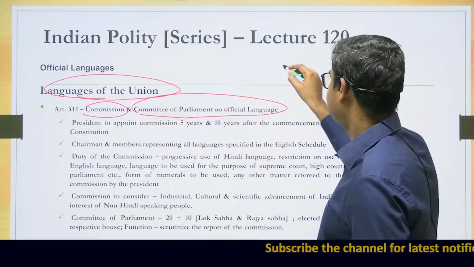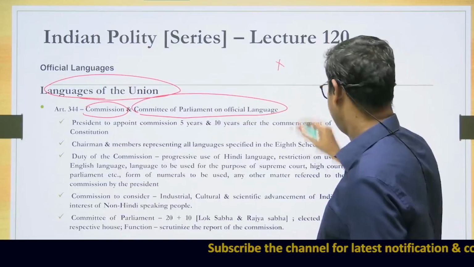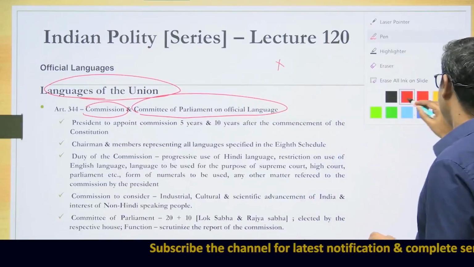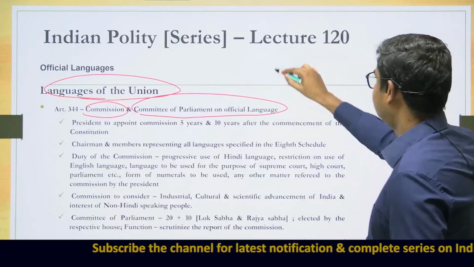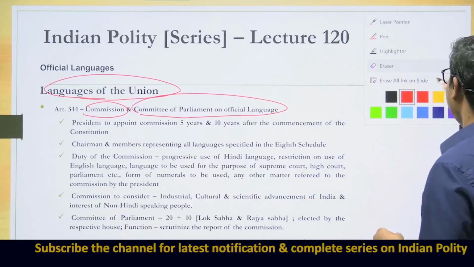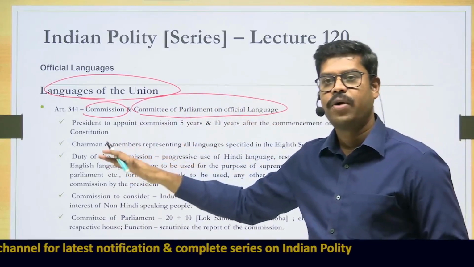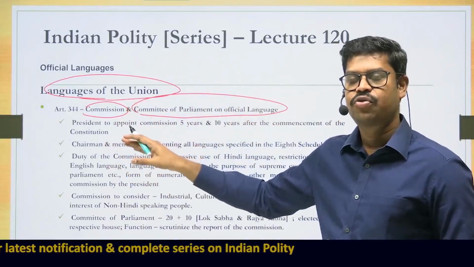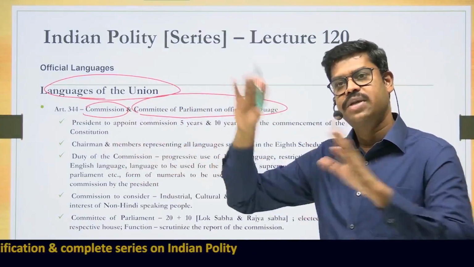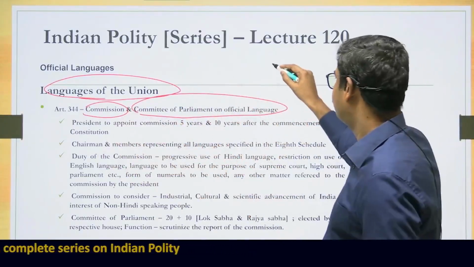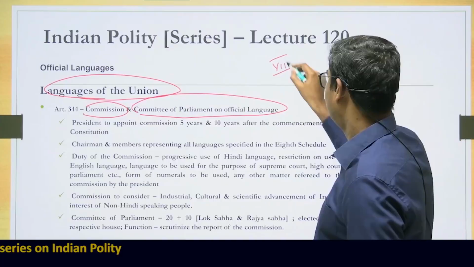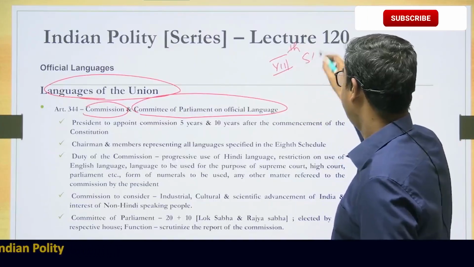We'll discuss the 8th Schedule in a separate lecture. But what is given in the Constitution is that the commission that will be appointed by the President under Article 344 will have representation from all the languages in the 8th Schedule. Today, in the 8th Schedule, there are 22 languages.